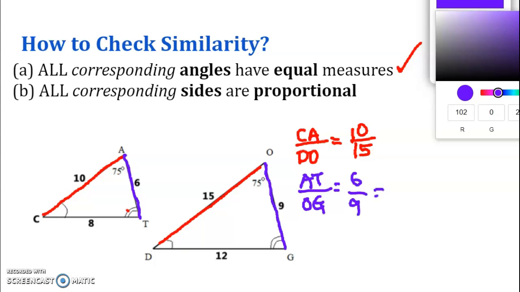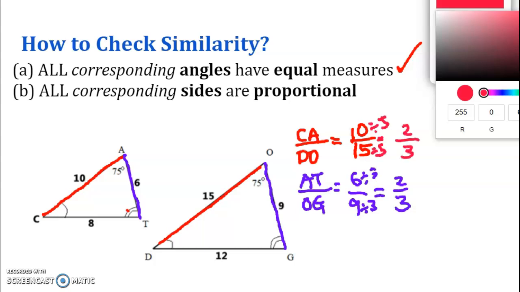Can I simplify this any further? You can divide this by 3 and divide this by 3, and you are left with 2/3. I should have done the same thing with the top one. Divide this by 5 and divide this by 5, and I get 2 over 3.